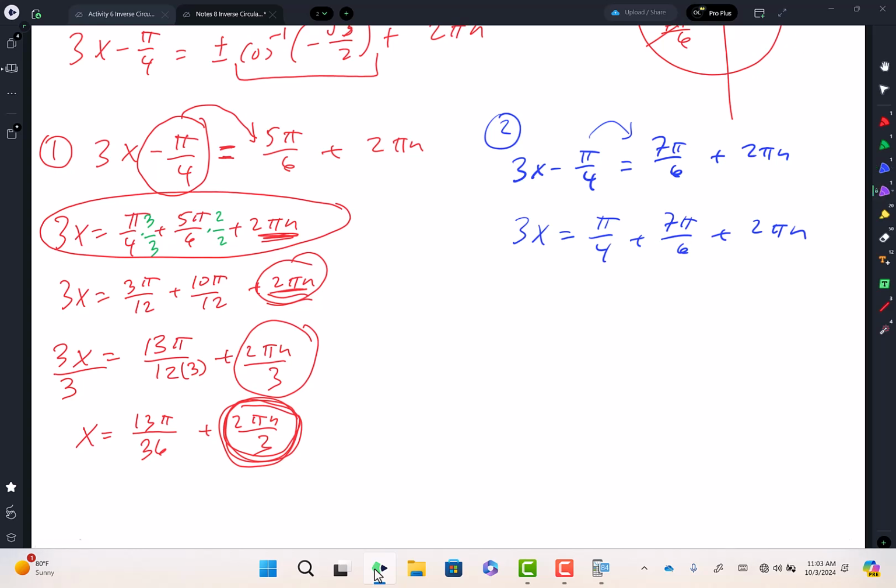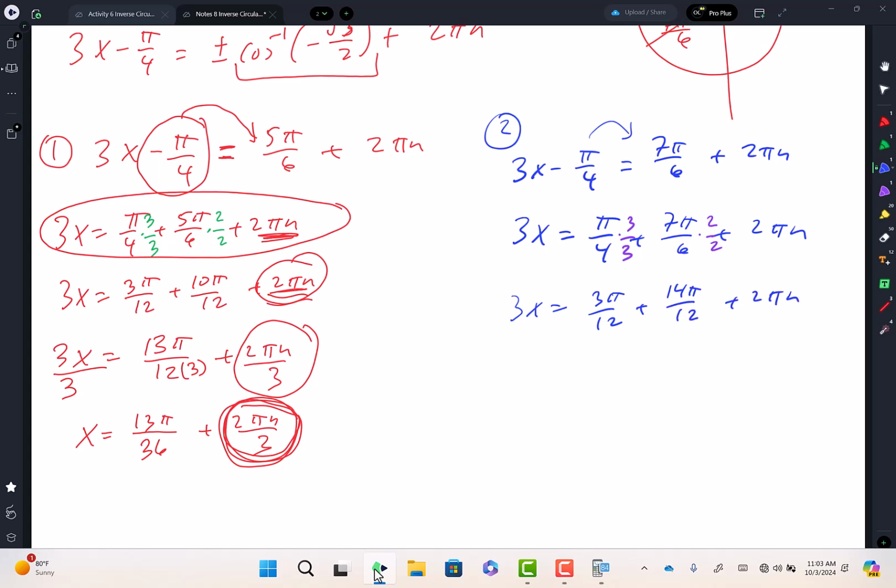I'm going to find a common what? So I'm going to multiply this one by 2 over 2 and the pi over 4 by 3 over 3 because my common denominator is going to be 12. So then I have 3x equals 3 pi over 12 plus 14 pi over 12 plus 2 pi n. The 2 pi n is still there.